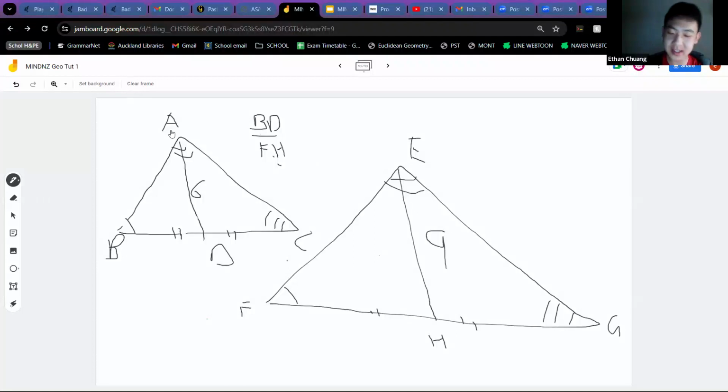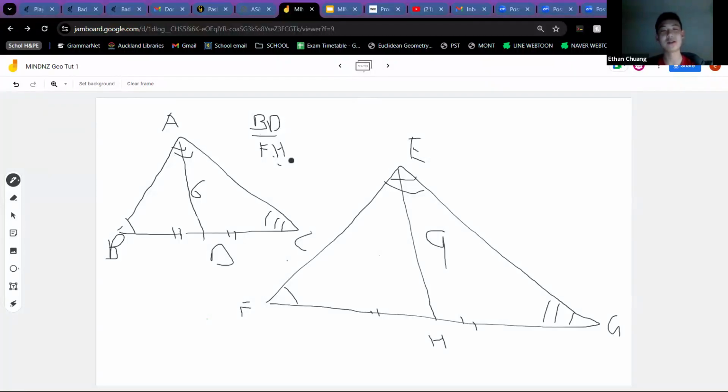Because if you're doing this in an exam, it doesn't really matter if you've solved the question, because if you can't write it down for your examiner to see, there's no point. All right. BD equals DC and FH equals HG. Okay, I'll just go through the solution, that's fine.